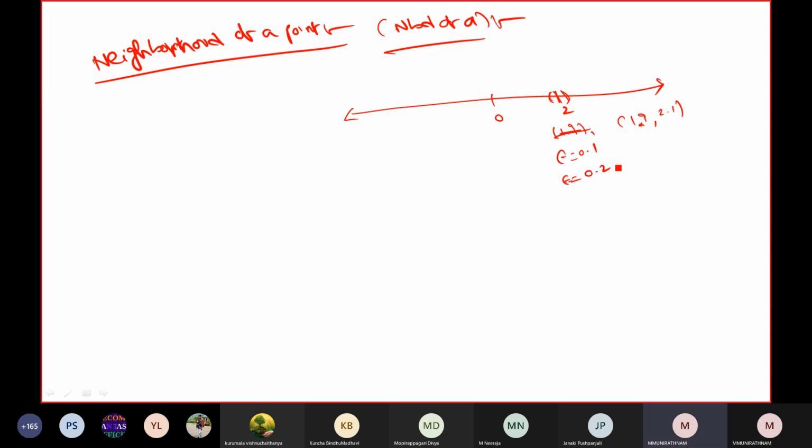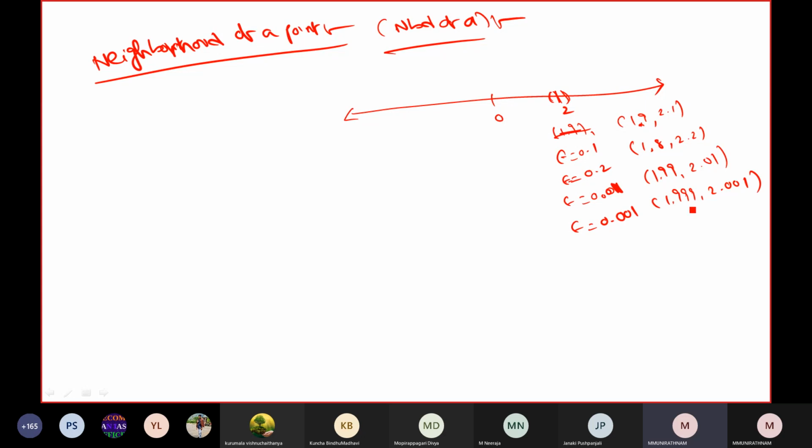If I take epsilon as 0.2, then 1.8 to 2.2. If I take epsilon as 0.01, then what is the neighborhood? 1.99 to 2.01. When epsilon is 0.001, it will be 1.999 to 2.001.